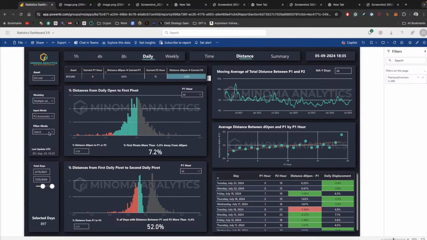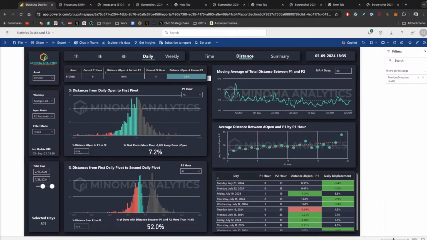But what is the one exception where you can be absolutely sure that P1 is not going to be during hour 0 or 1? It's when the current P1 is after hour 1, right? If the current P1 is after hour 1, we know for absolutely certain that no way in hell is P1 going to be during hour 0 and 1, because the current P1 was put in later, say, for example, in hour 2.